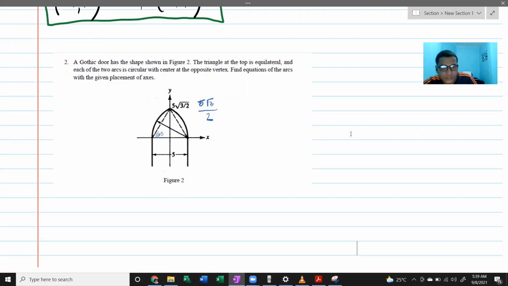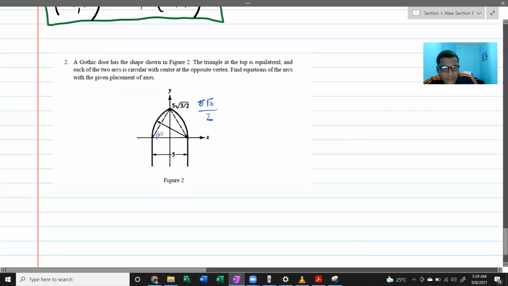So first, consider this circle here. Let me highlight this one first. So its center is located here. If this side is 5 and the y-axis is located at the middle, then this coordinate must be equal to negative 5 halves and 0.